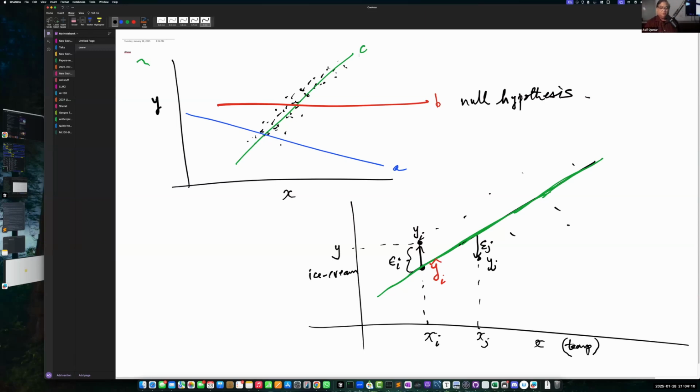Like, for example, the blue line is making only underestimations. So it doesn't mean that it is making very few errors. It's making huge errors. Do you see that? Huge difference between the blue one and the reality, right?